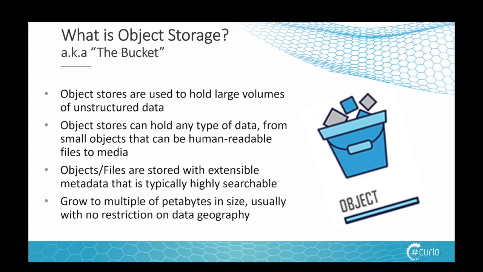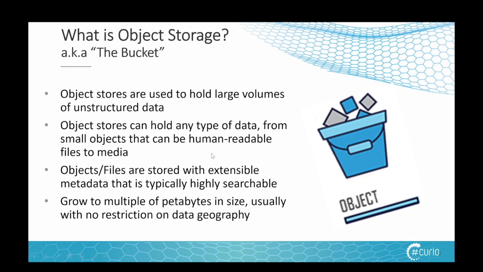Object storage, if not many know, actually started in the 1990s as just a large place to hold large volumes of unstructured data. It can hold many types of media, from small objects to human-readable files and media. The great thing about object storage is it's stored with extensible metadata that makes it highly searchable.